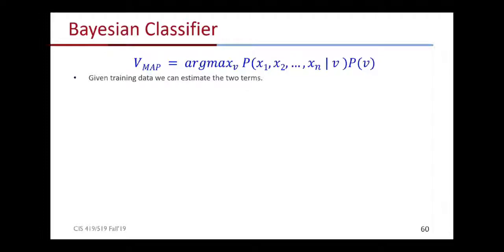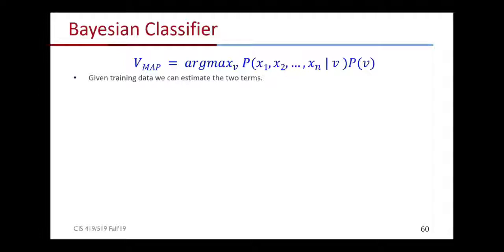What about this? What is P of x1 up to xn given v? Yeah, it's the product of P of xi given v, because we're dealing with the naive Bayes assumption, so we'll just be assuming that the xi's are independent. So far I've not made any observation and not made any assumptions.